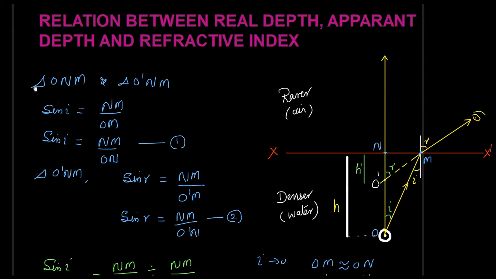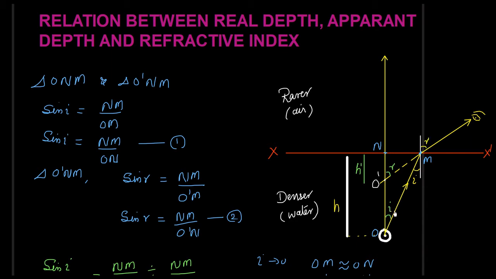The triangles ONM and O dashed NM are similar triangles. So what is sin I? If this is the normal, it is parallel to another normal, and OM is the transversal.